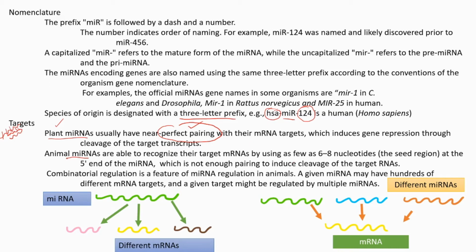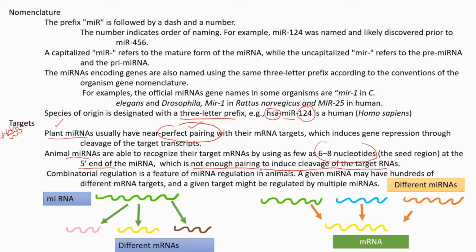In the case of animal miRNA, usually 6 to 8 nucleotides at the 5' end of the miRNA are complementary with the mRNA, and that complementarity is not enough for pairing to induce cleavage, meaning breakage of the target mRNA.